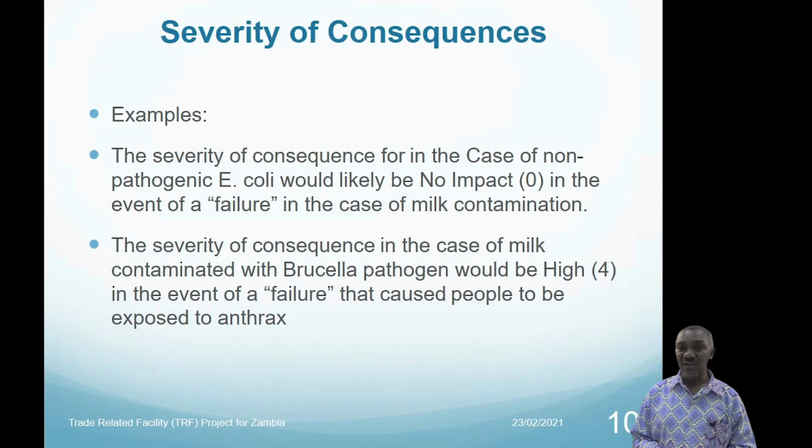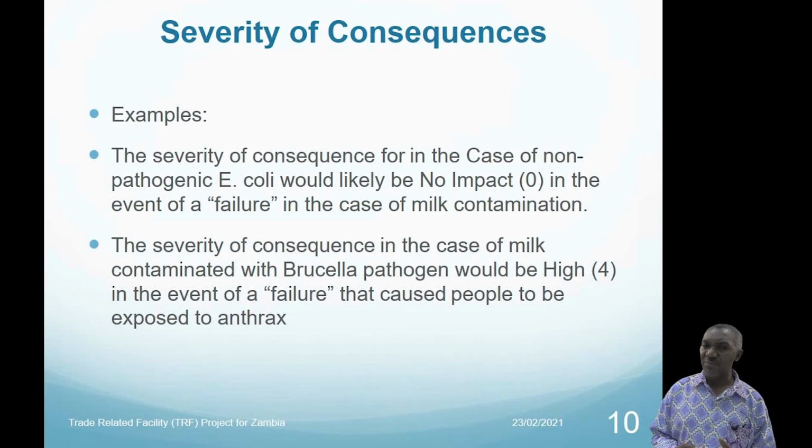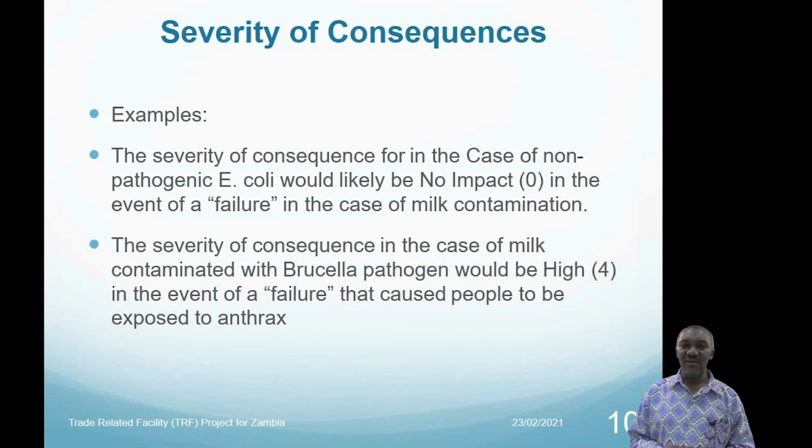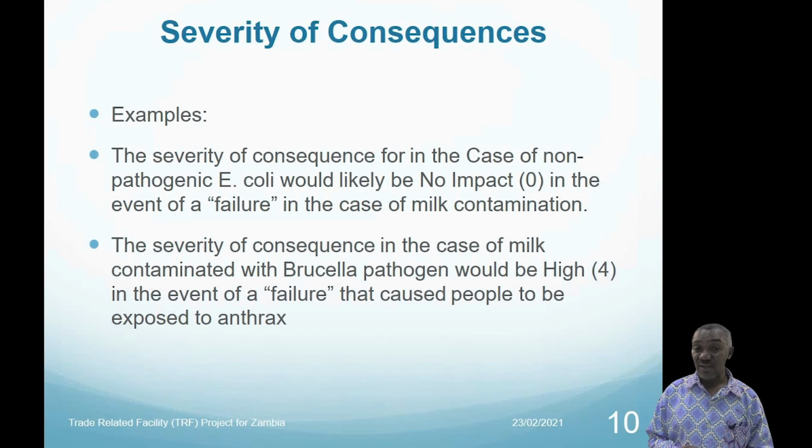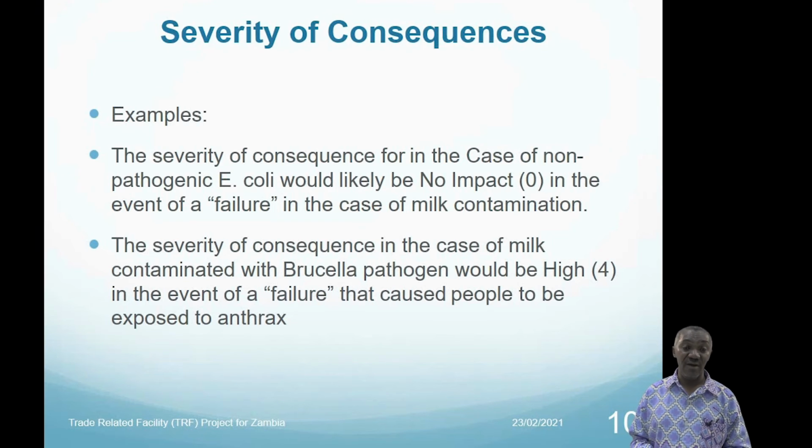It's a normal flora, such that even if it's present in the milk and it's not controlled, people may consume it and they will not get sick. So in most cases, E. coli is a normal contaminant, and you may have it. The likelihood of that E. coli being there will be very high, but the magnitude of the consequences may be close to 0, or the impact it will cause on health as a result of the failure in the control systems will be almost 0.